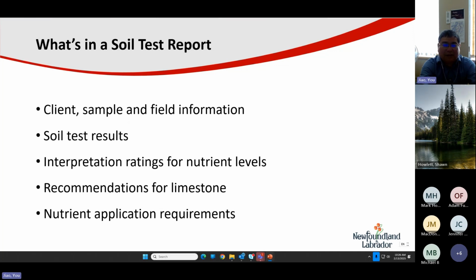This is just to let you know that the information we collect is only for our soil analysis and the report, to get the contact and get the results out to you. Then the soil test result and interpretation, the rating for the nutrient levels, and the recommendations for the limestone and nutrient application requirements.